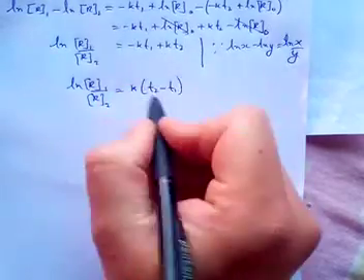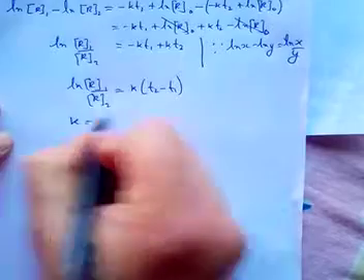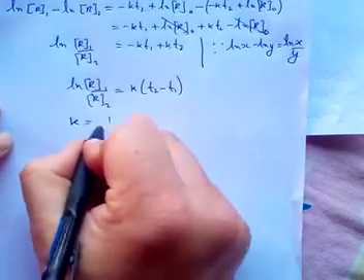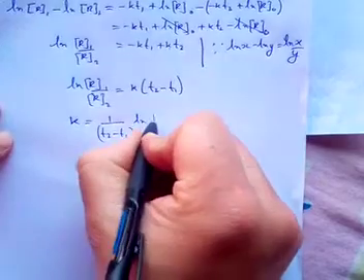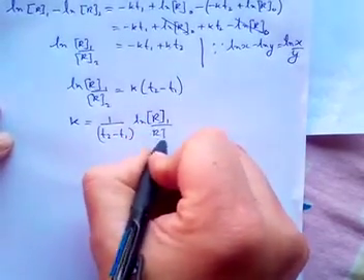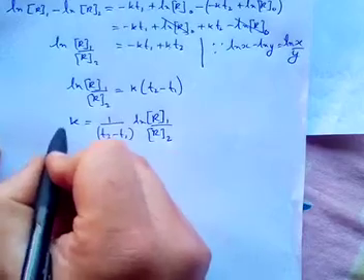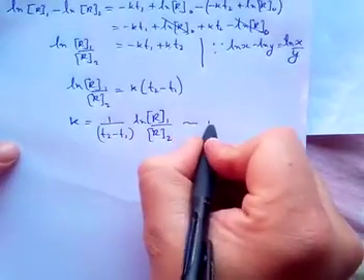So k equals 1 by t2 minus t1 times ln r1 by r2. This is equation 11.